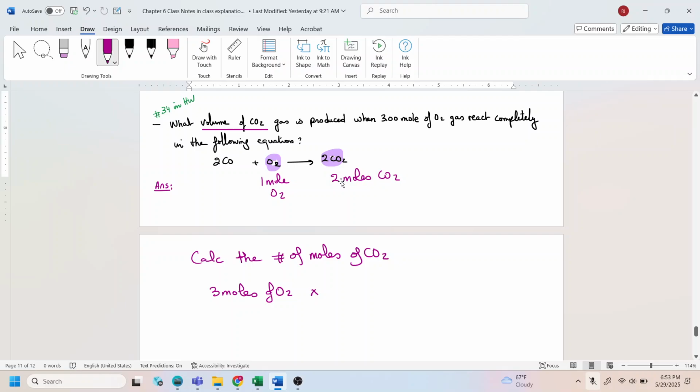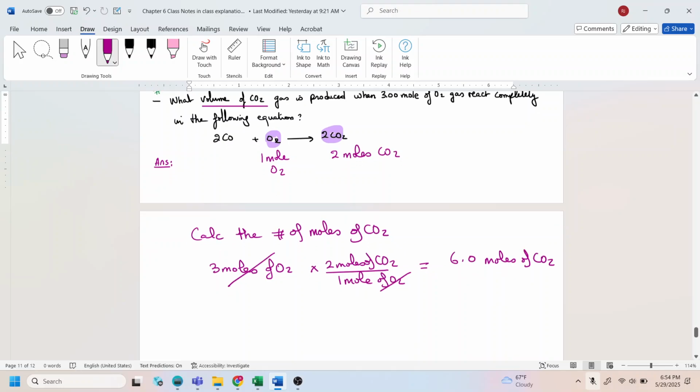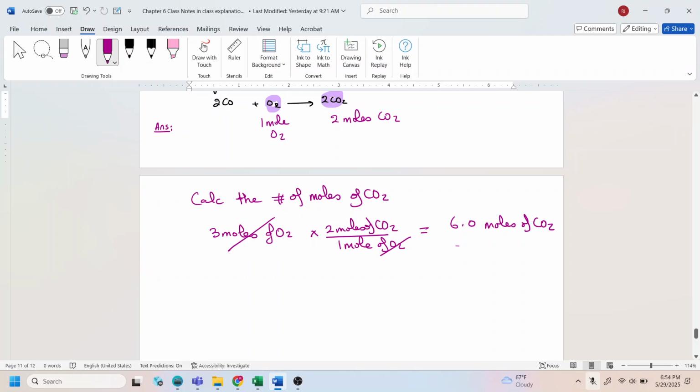I'm forming 2 moles of carbon dioxide for every 1 mole of oxygen. So the moles of oxygen cancel out, and that is going to be 6.0 moles of CO2. This is the number of moles of carbon dioxide, so this is equal to n of CO2.